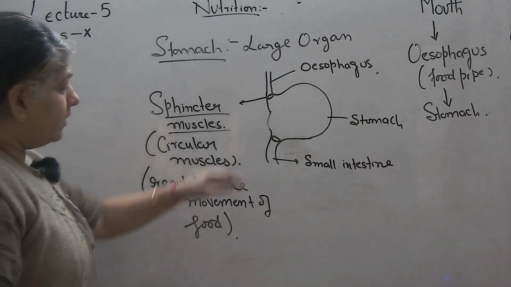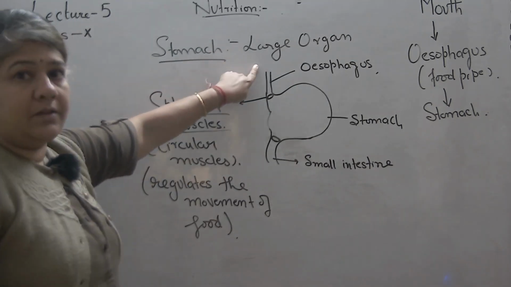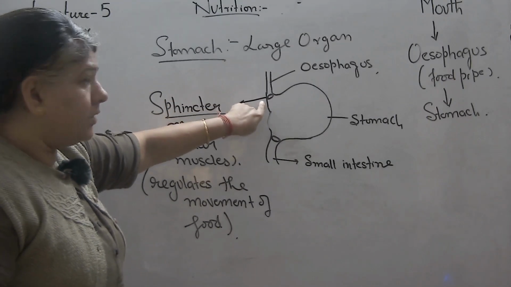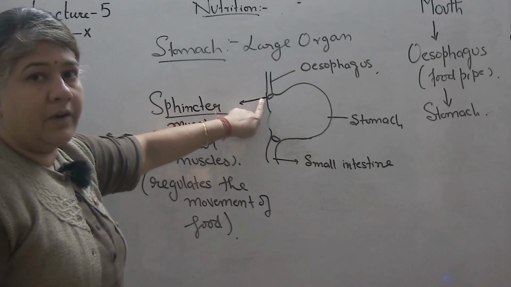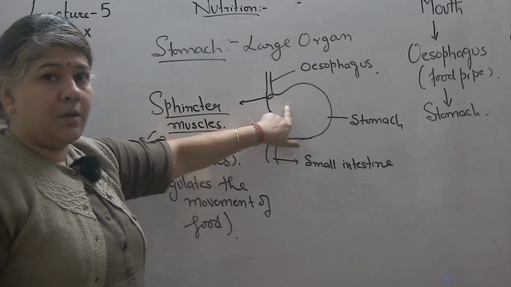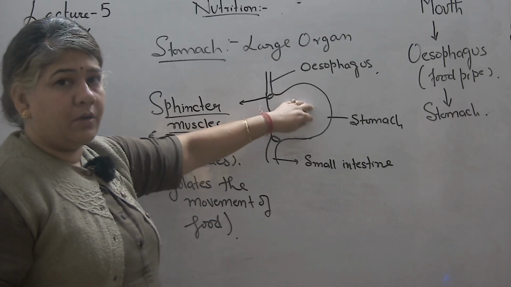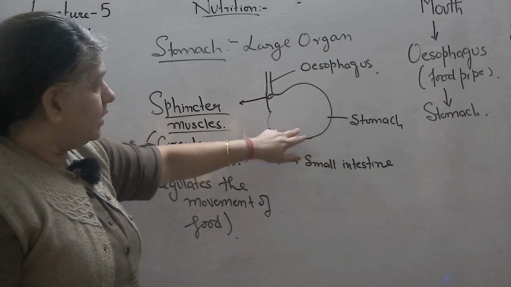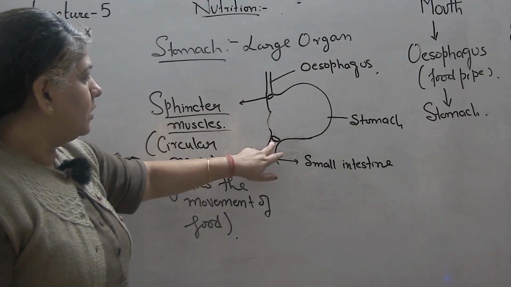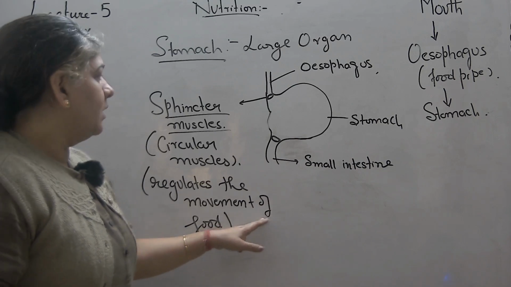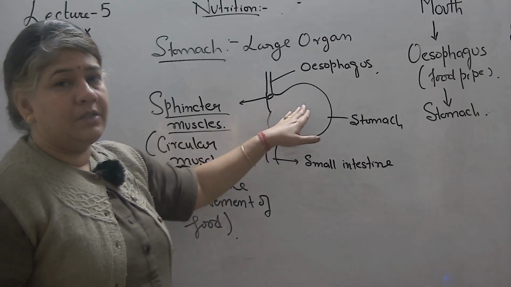So by rhythmic contraction and relaxation, food is pushed into the esophagus, and when it comes here, again the muscles relax and allow the food to enter the stomach. Here the food stays for roughly 3 hours. Then after digestion, it is pushed through this sphincter muscle into the small intestine. So we'll see what happens in the stomach.